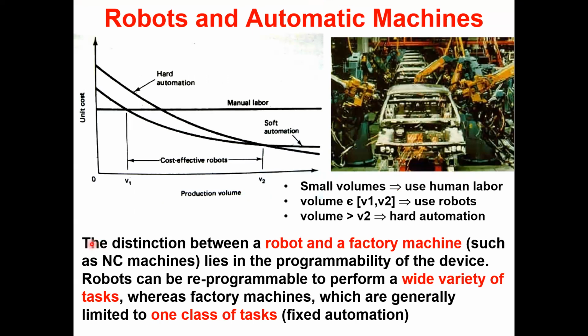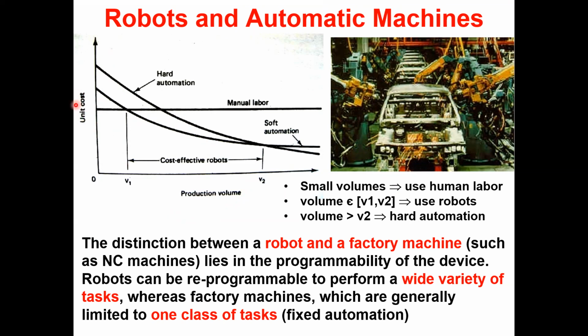And this graph shows you the break-even point between human labor and automated machines and robots, right? This is a very famous graph, very generic one, not too specific to any industry. This graph shows you the production volume and the unit cost.